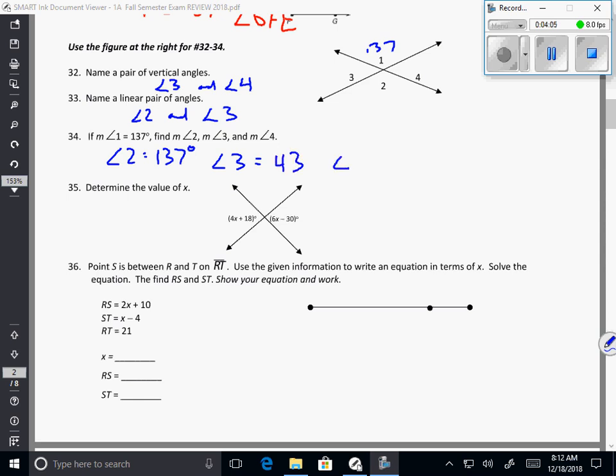And then angle 4 not only has to be supplementary to 1 also, but it has to be the same as angle 3 because they're adjacent. These two are equal, so 4x plus 18 equals 6x minus 30. Solve for x using your algebra, you get 24.